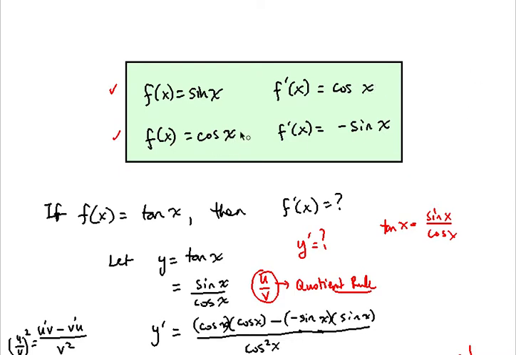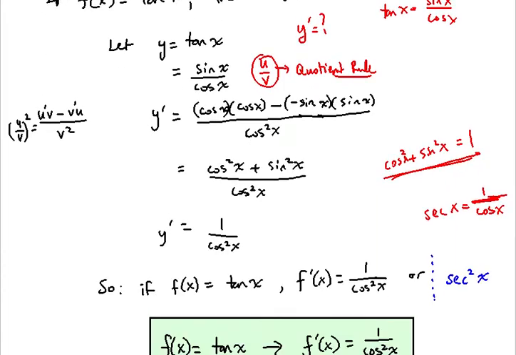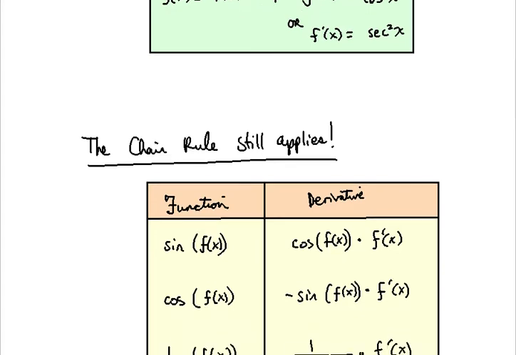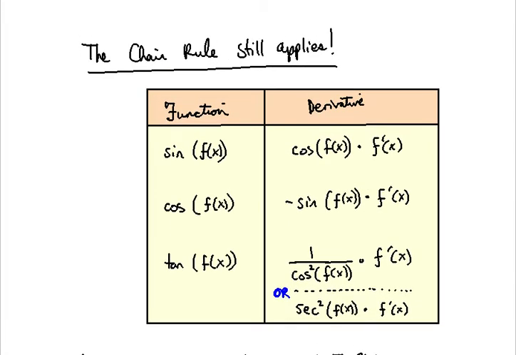Same thing with cosine of f of x. If I have a mini function in here, well, then to find the derivative, that would become negative sine of the original times the derivative of the inside. And so we end up with the chain rule being applied in this way.